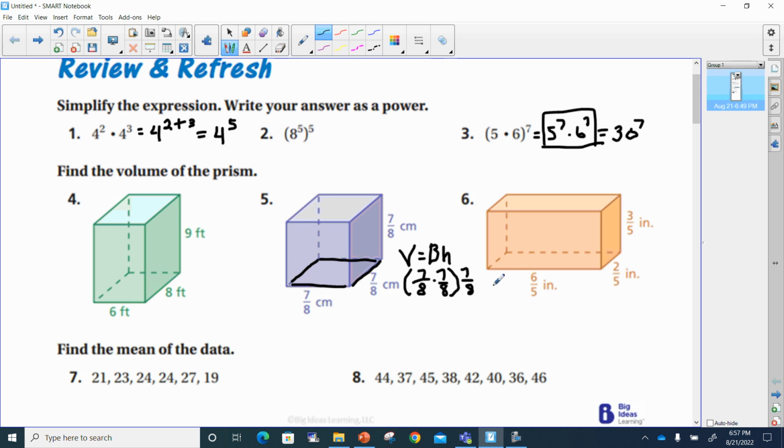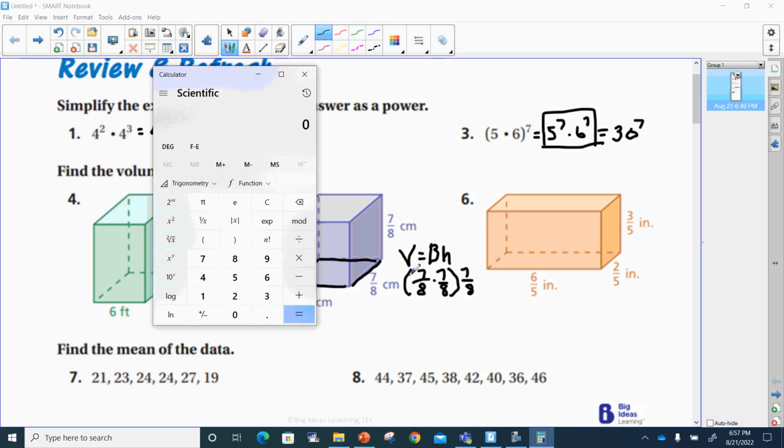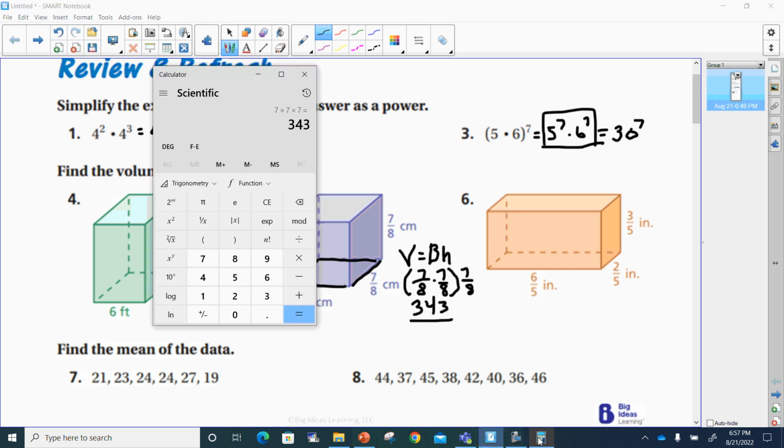Now we know how to do all this. We simply multiply the top numbers together and the bottom numbers together. I'm going to whip out my calculator just to make it easier. I know 7 times 7 times 7 is going to give me 343. And then I have to find 8 times 8 times 8, and that's going to give me 512.